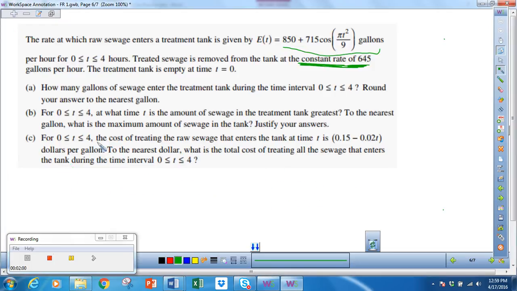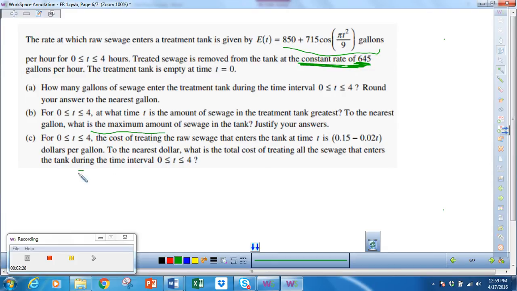The second question asks us to find when the sewage is at a maximum, okay? So the first thing we need to do is write an expression for the rate at which the sewage is entering the tank. And this is where most of you made your mistake, not recognizing that 645 is in and of itself a rate. So you did not have to add t to that.